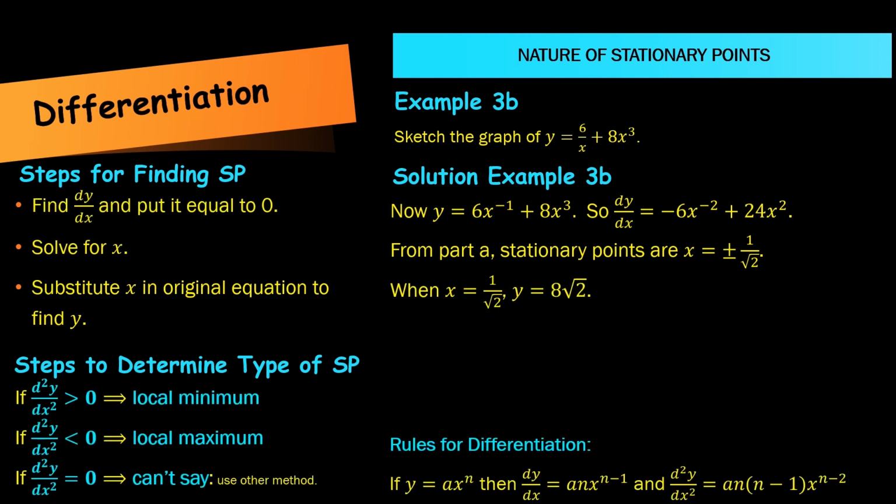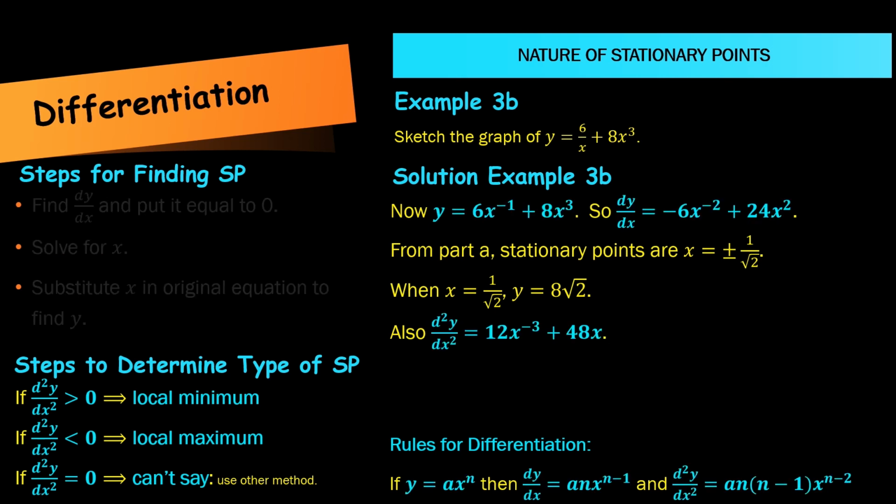Now let's find d²y/dx² in order to find the nature of this turning point. d²y/dx² is equal to 12x⁻³ plus 48x.